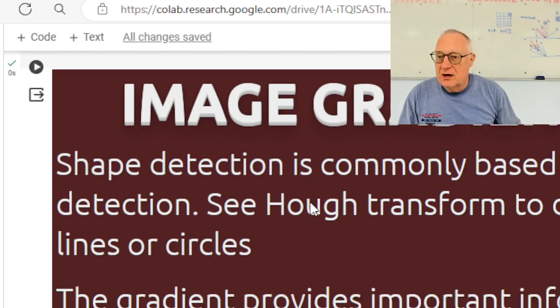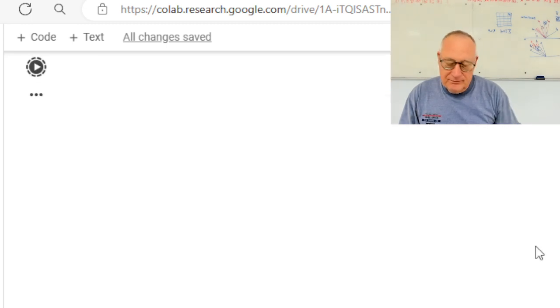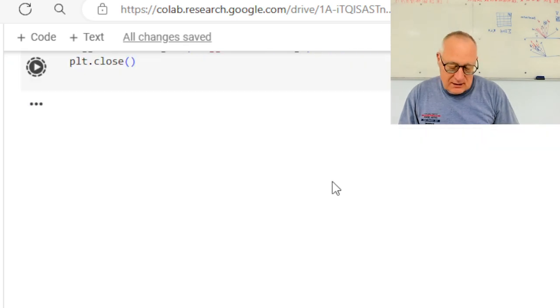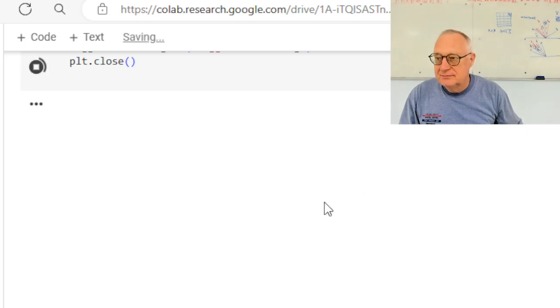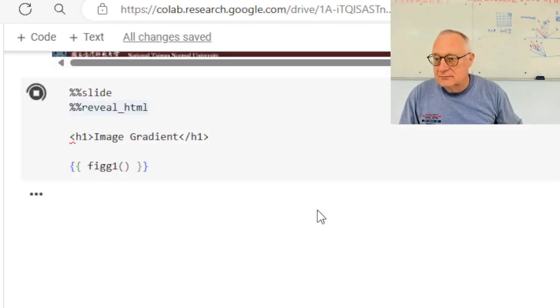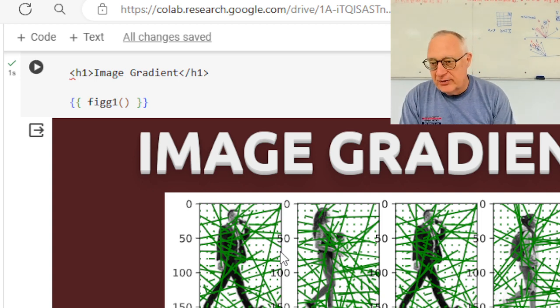So we use image gradients, calculate the gradient, and here I use the Cartesian to polar coordinates function, which gives us the magnitude and angle, and then I can plot it. That shows the magnitude as well as the direction of the gradient for various pixels.